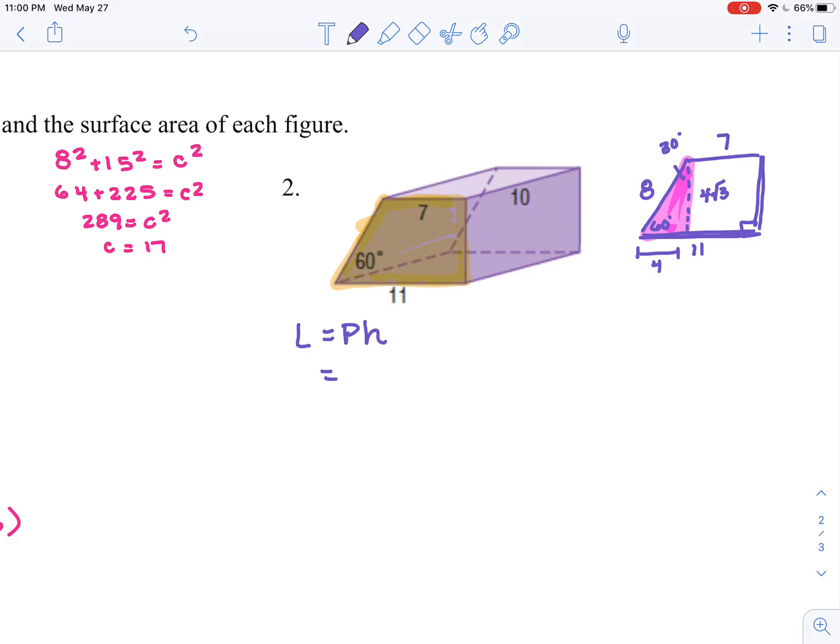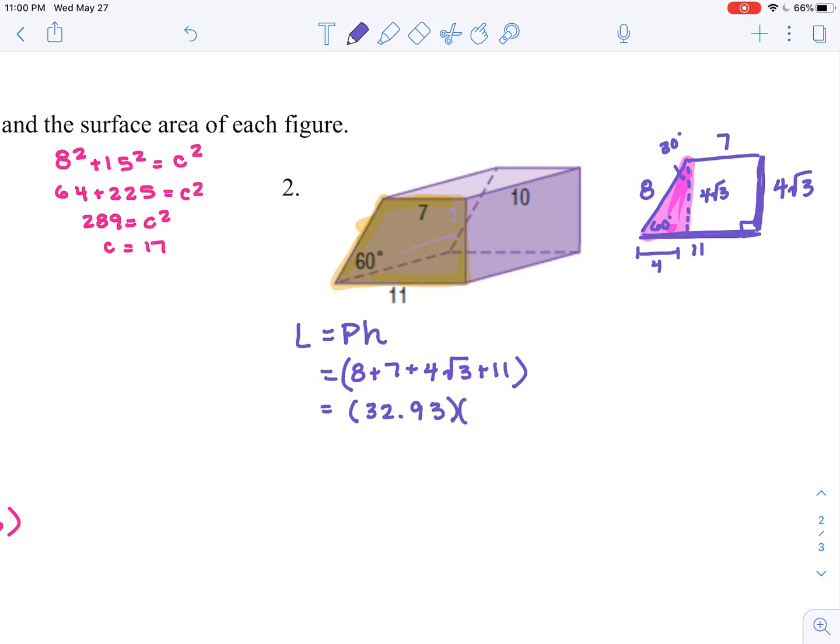Because the shape on the right side is a rectangle, if my dotted line is 4 root 3, the right side of the trapezoid is also 4 root 3 units. So now I can find the perimeter of this trapezoidal base. The left side is 8, top is 7, right side is 4 root 3, and bottom is 11.